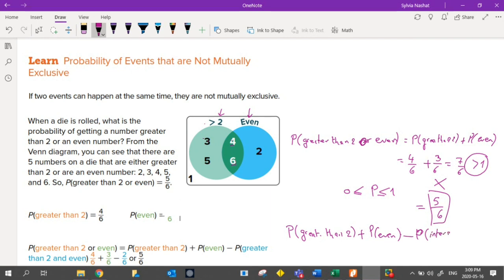Let's check. Probability of a number greater than 2 is 4 over 6, plus probability of an even number, 3 over 6, minus the probability of the intersection between them, 2 over 6. So 4 plus 3 minus 2 is 5 over 6. This is what we got.